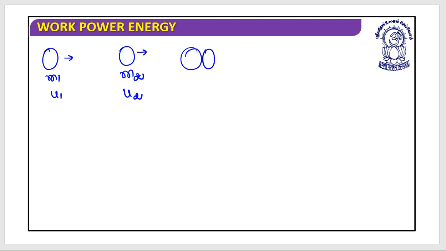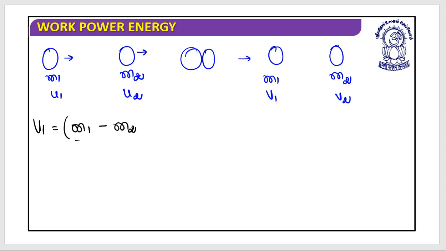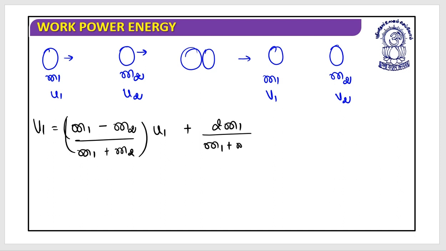They are going to collide, and then onwards m2 has the final velocity v2, and m1 has v1. So v1 is the final velocity after collision, given as m1 minus m2 divided by m1 plus m2 multiplied by u1, plus 2m2 divided by m1 plus m2 into u2.